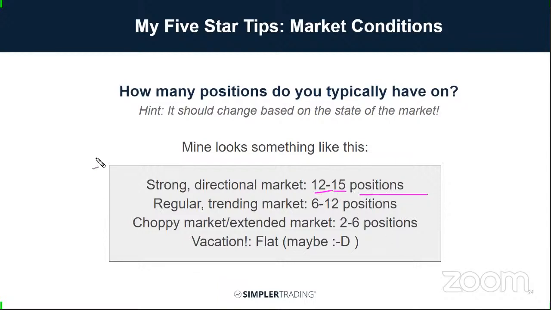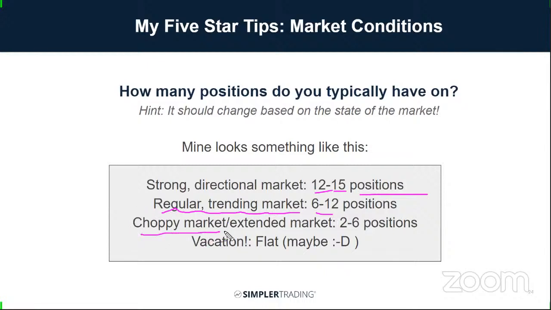Those are the times where I'm just smashing it to the upside. My risk is a lot more than it would be during a choppy market because I'm going with the direction of the trend. In just a nice, easy trending market, I'll probably have about 6 to 12 positions on, but not my full amount of risk.